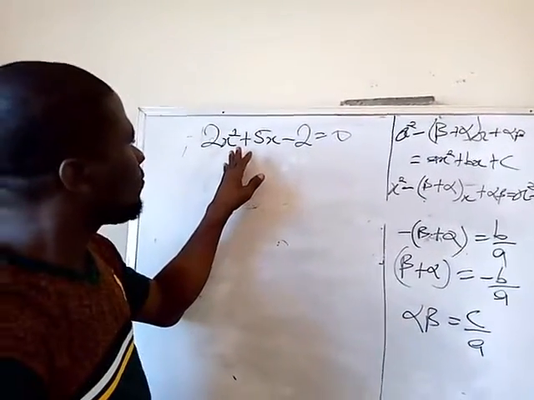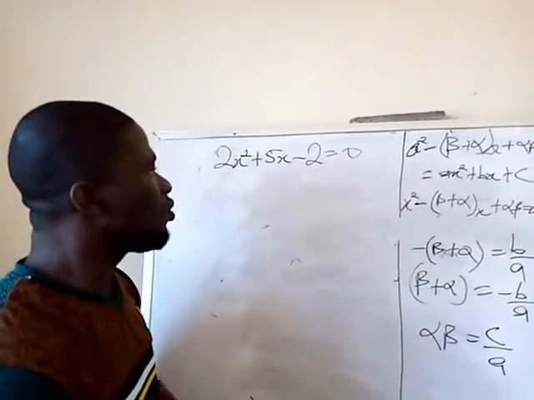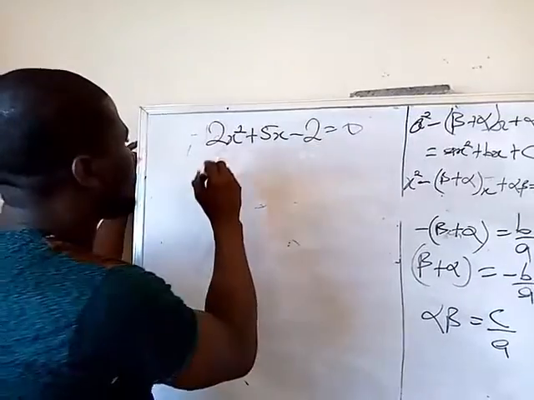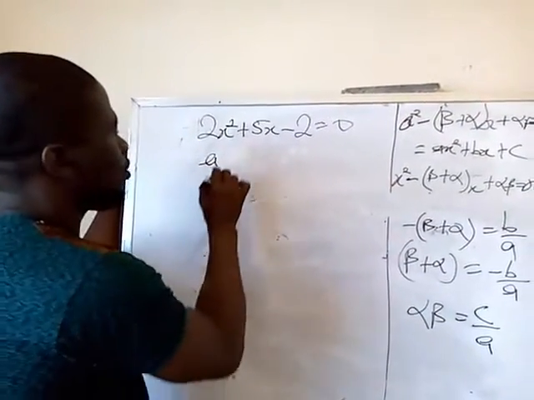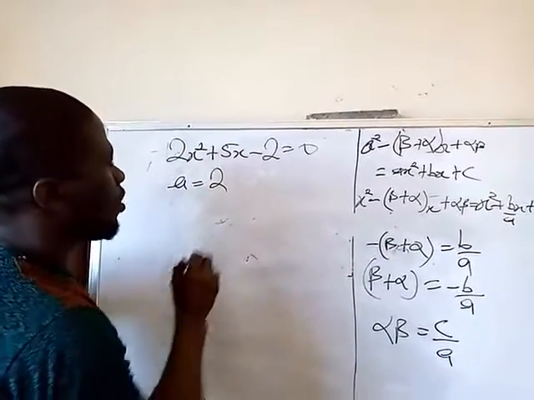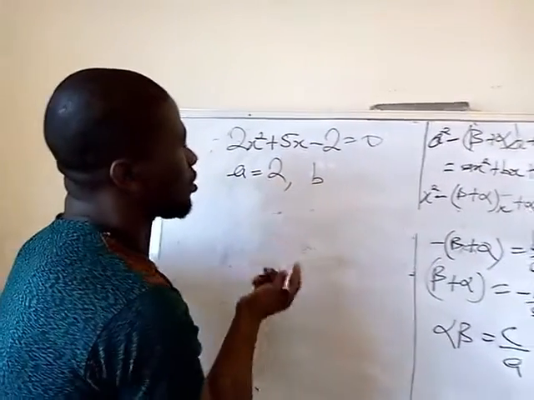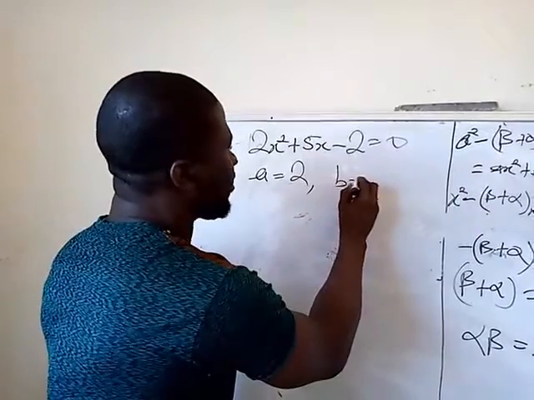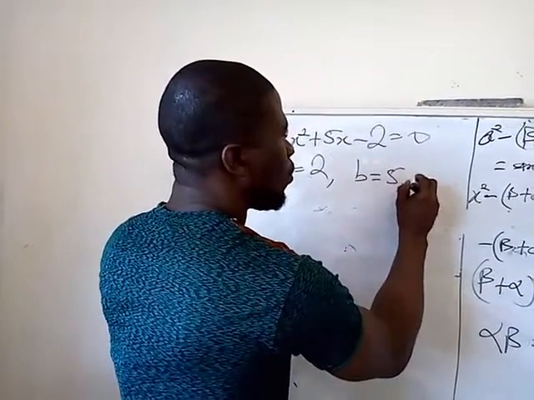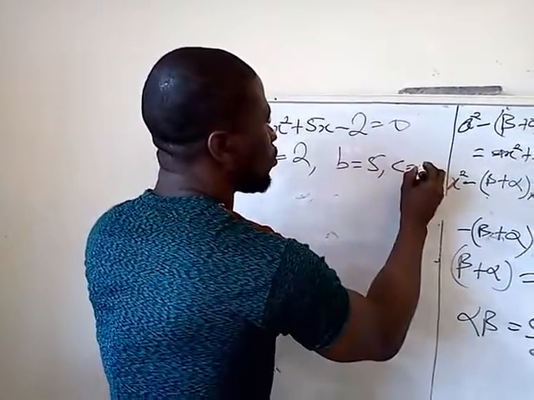Now, if you are given this, the first thing you do is identify your a, which is the first one with x squared, that is 2. You identify your b, which is the second one with x, you have 5. You identify your c, which is minus 2.